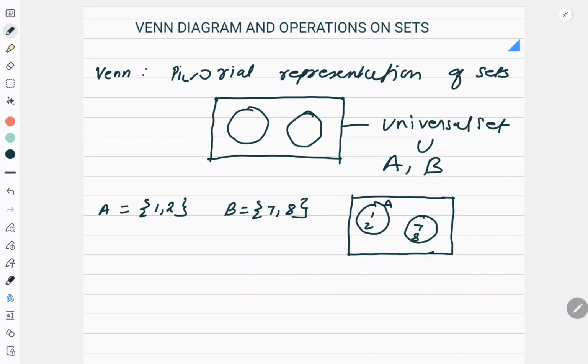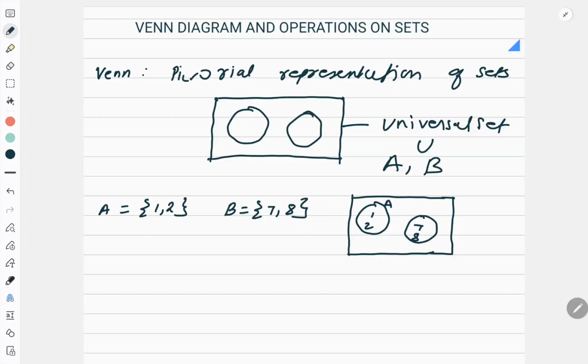So this is a pictorial representation of the situation. A is equal to this, B is equal to this. Now when I make the sets in such a way that nothing is common in them, they are known as disjoint sets, which I'll explain when I tell about the operations on sets.